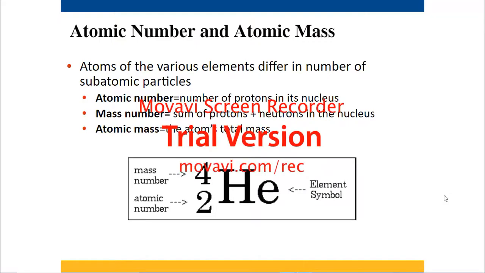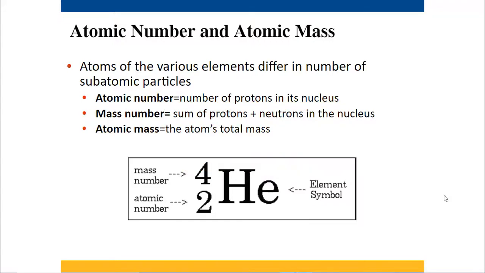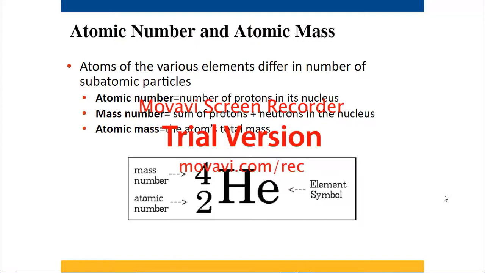They don't add to the mass. When you calculate the mass number, you don't take the electrons into consideration. You only add up the protons and the neutrons.